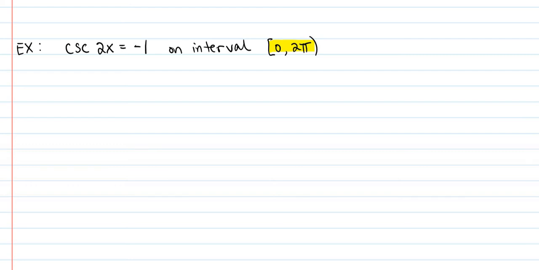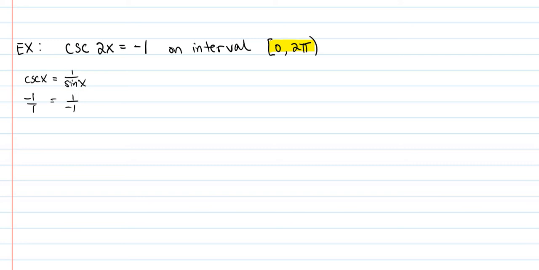And remember that the cosecant is the same as 1 over the sine. So in order to have -1 over 1, that would be the same as 1 over -1. That's only going to happen at 3 pi over 2.